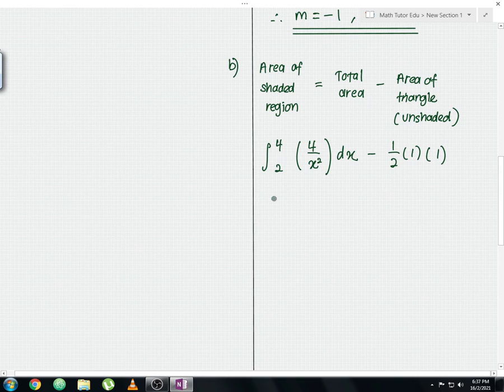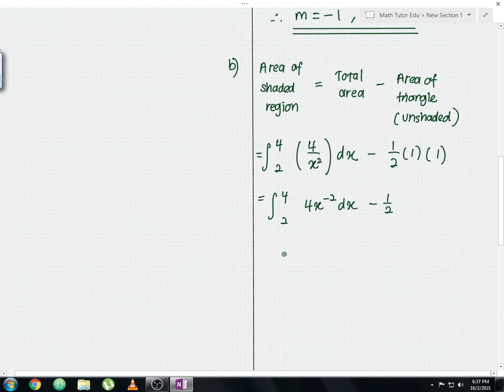Let us proceed with our working. For 4 over x squared, you bring the x squared to the top, so you get the integral of 4x to the power of negative 2 with respect to dx, minus 1 over 2.